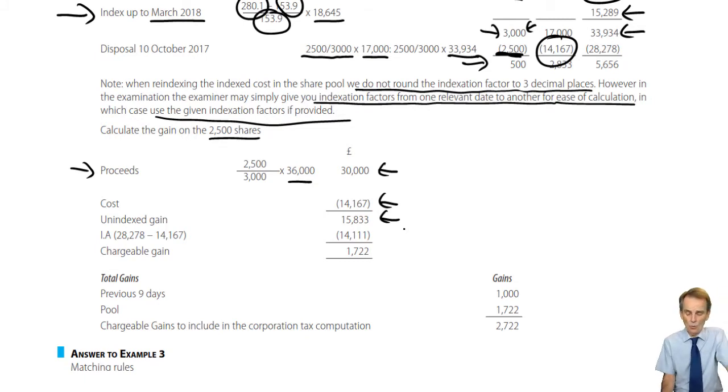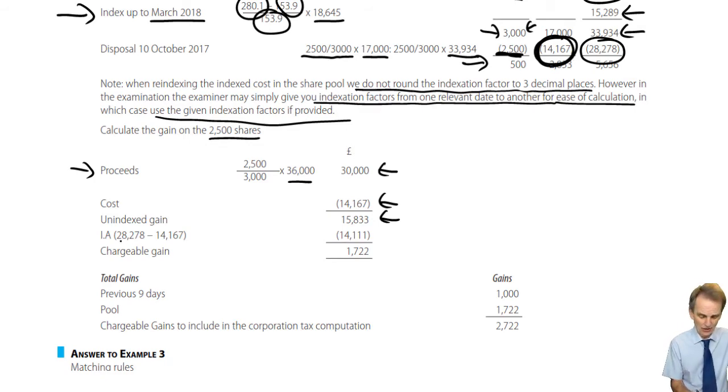Indexation allowance. What is that? This is why we did the index cost column. Now the indexation allowance is not the figure in the index cost column. That is the index cost of what is being sold. Here, 14,167 is the cost of those shares. So indexation allowance must be the difference between the cost and the index cost. So 28,278 minus 14,167 gives us, therefore, the indexation allowance.